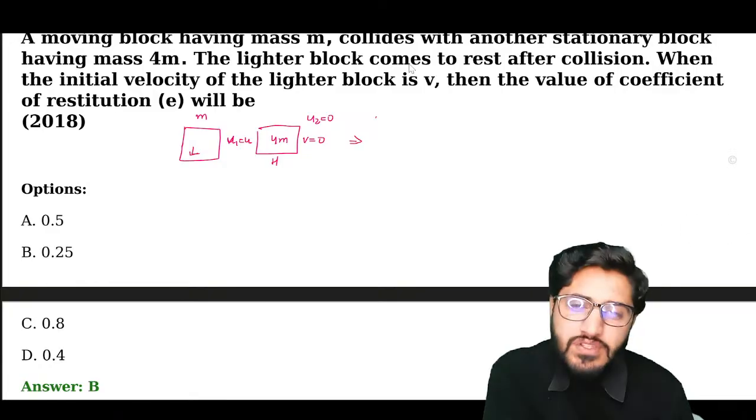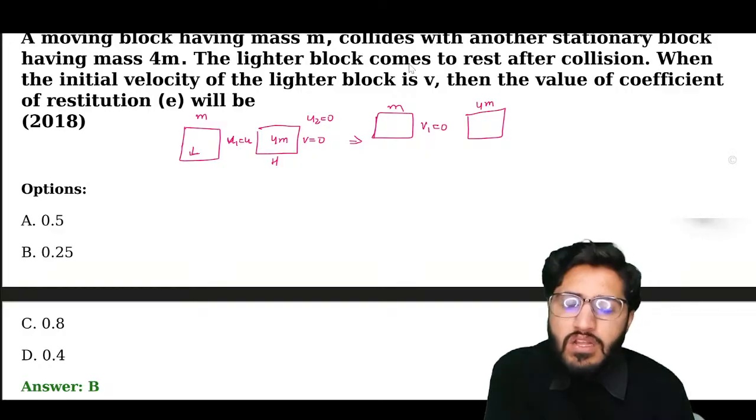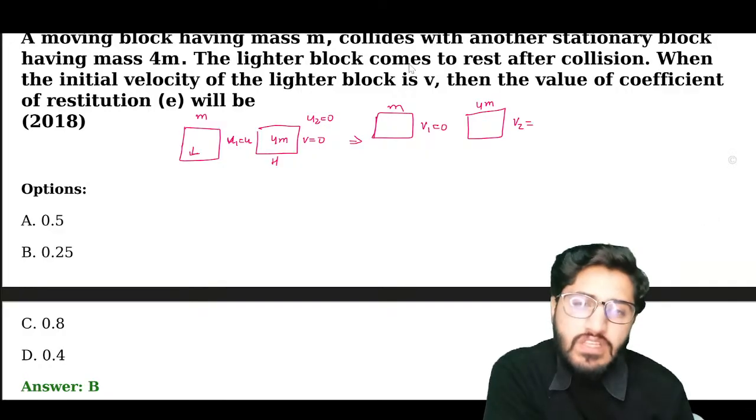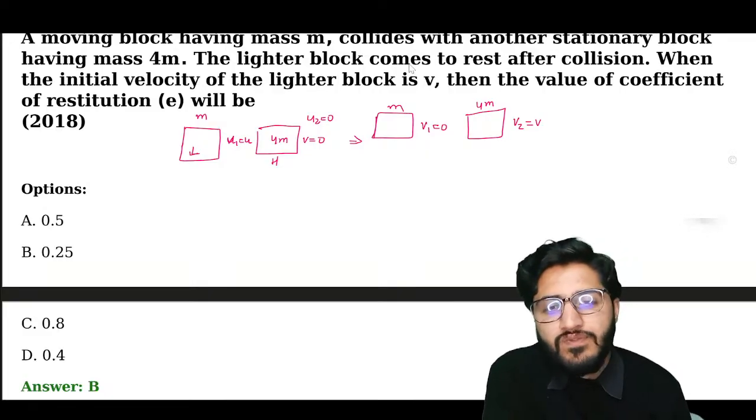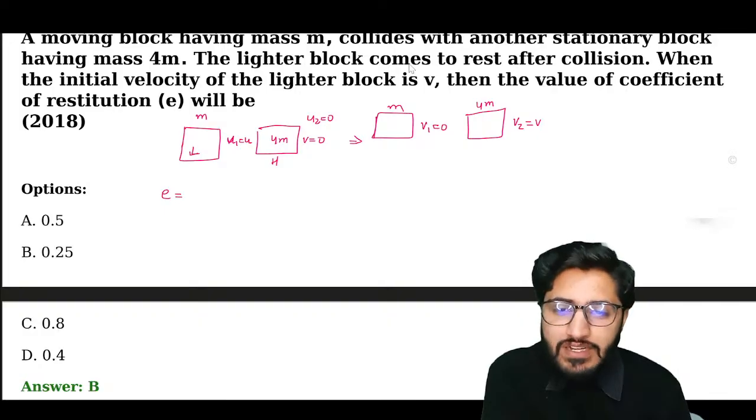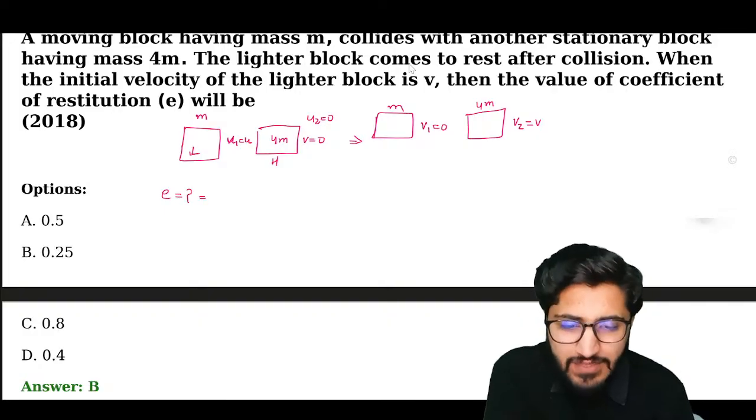Now after collision, m, its velocity v1 is equal to 0. The other mass, 4m, has velocity v2, which becomes v. Then the value of the coefficient of restitution e: we have to find e, right? So what is e basically?